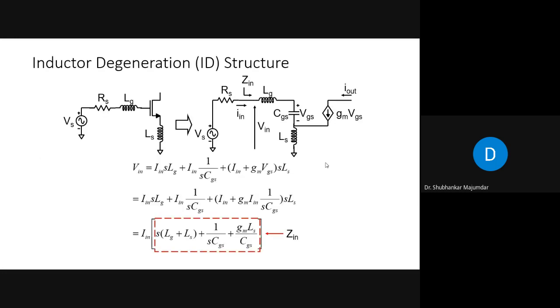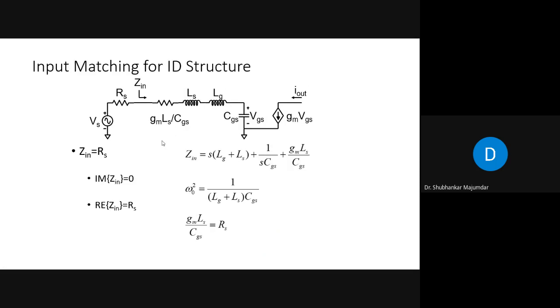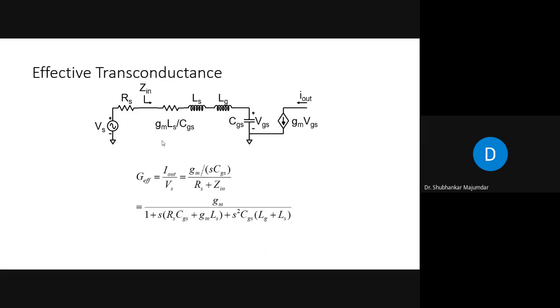Now inductor degeneration structures are also there. Inductor degeneration means we are giving a negative feedback inductor. We are not placing a resistor here, we are placing an inductor. By placing an inductor, the input matching is very good with the previous stage, and the effective transconductance is also higher.